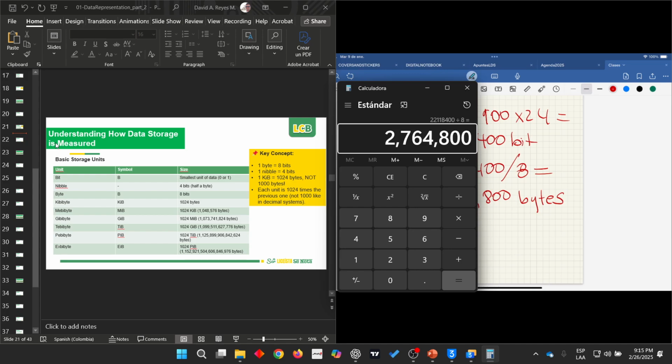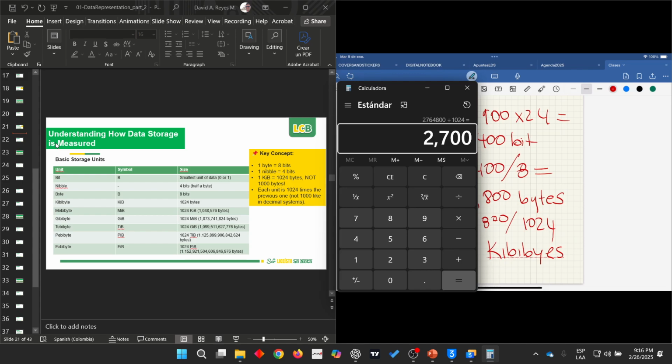Now, if I want to have this information in kilobytes, I need to use this number divided by 1024. Let's do it. 1024. That means that we have this in 2,700 kilobytes.